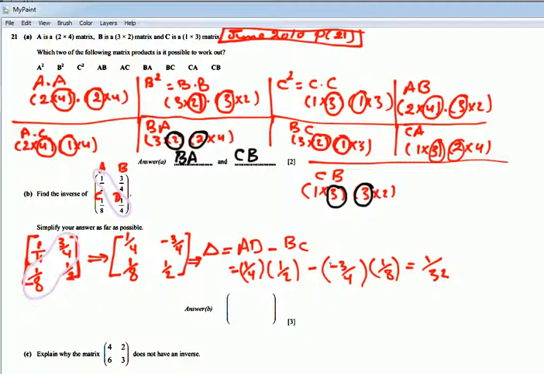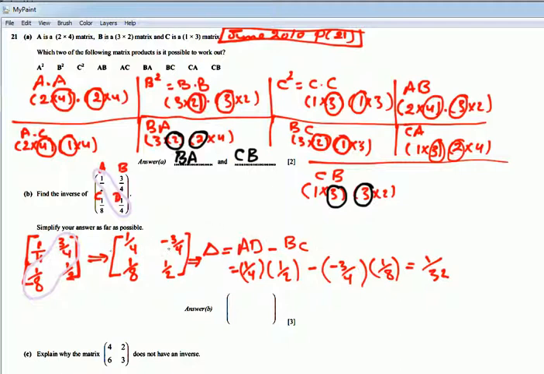The next step is dividing each element in this matrix by this determinant using your calculator. Or you can take the reciprocal of this determinant and multiply each element by the reciprocal, instead of dividing.